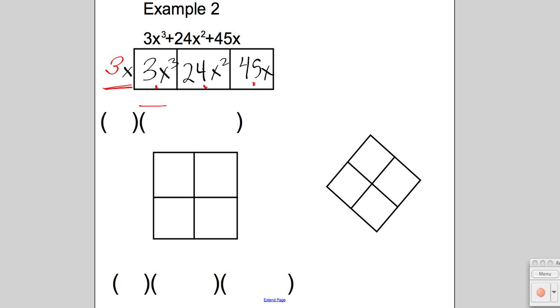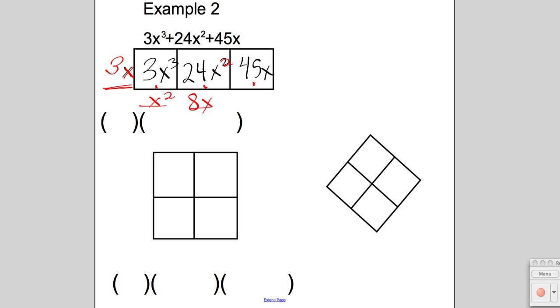Now let's see, 3x times something gives me 3x to the third. 3x times x squared, because an x squared times an x will give me x cubed. Then I look for the next one. 3x times something gives me 24x squared. Well, I know 3 times 8 is 24. And since this is x and this is x squared, I need another x.